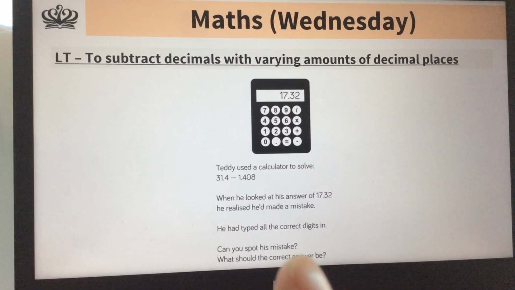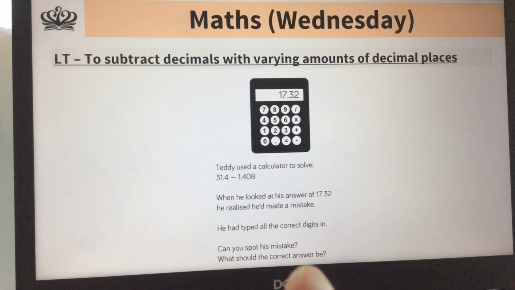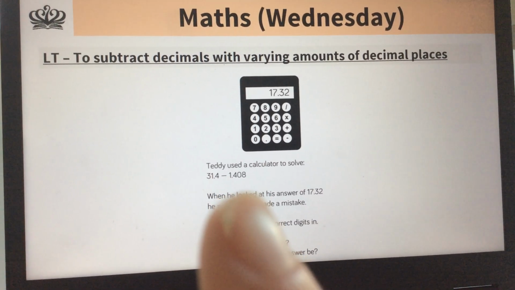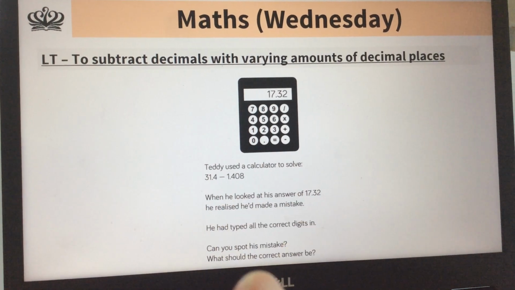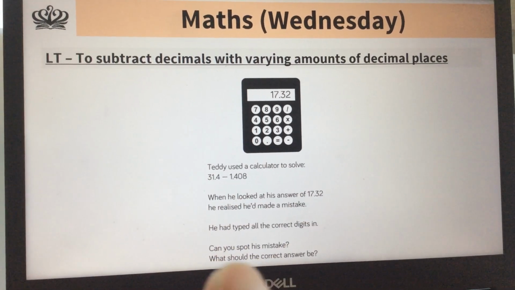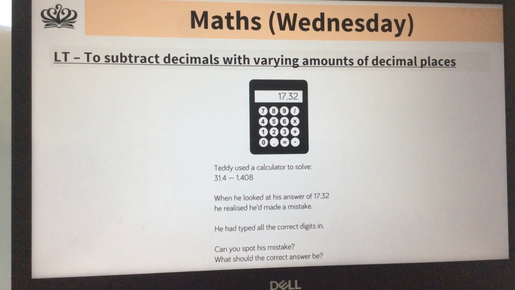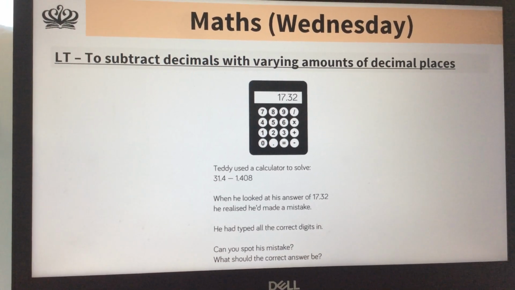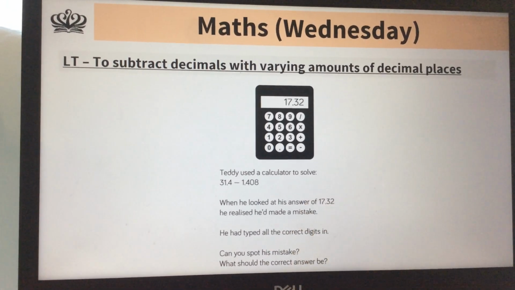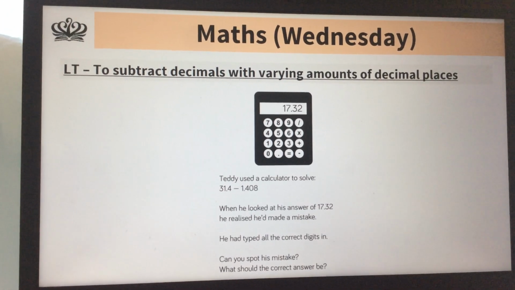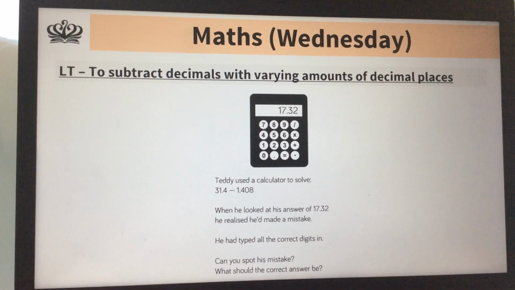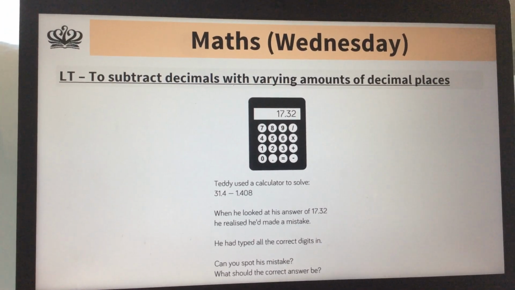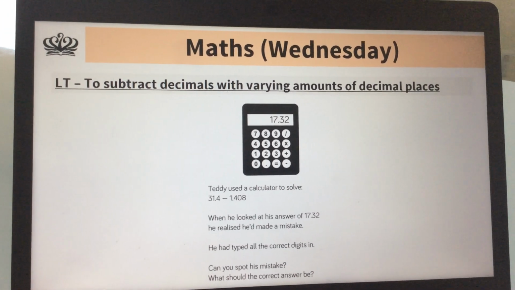What should the correct answer be? So the really easy part of this is to solve what the answer should be. But what we're really looking for is, can you spot his mistake? Don't just say he typed it in wrong or he did it wrong. Okay, you've got to be specific. What exactly did he do wrong? Okay, so try and see if you can work that out and be as specific as possible with that one.